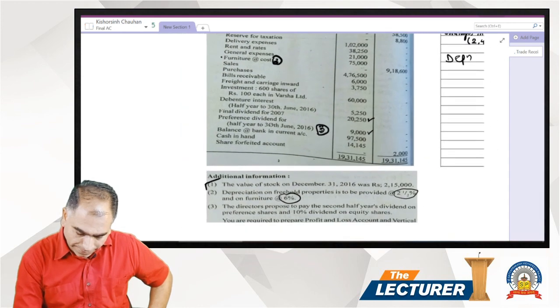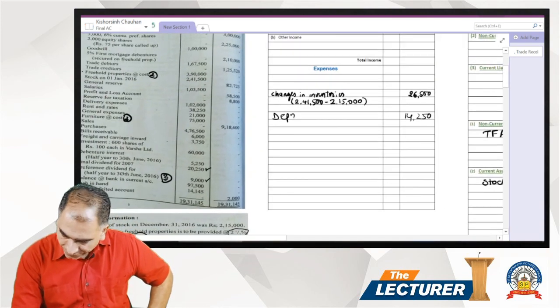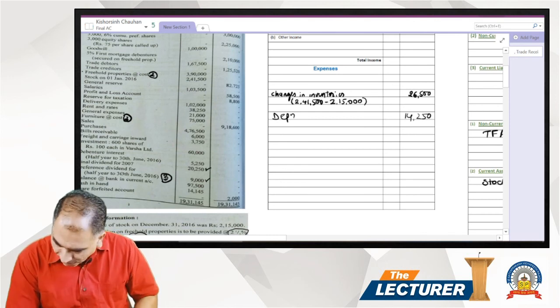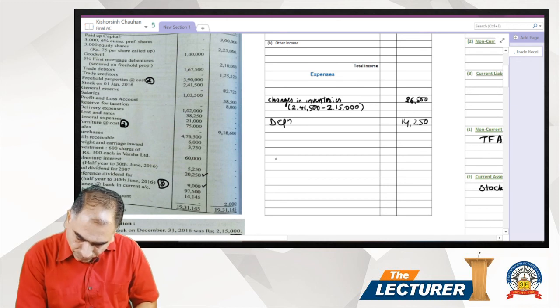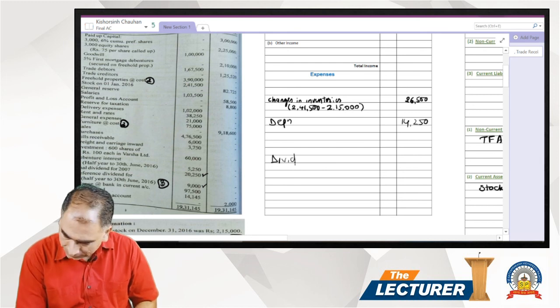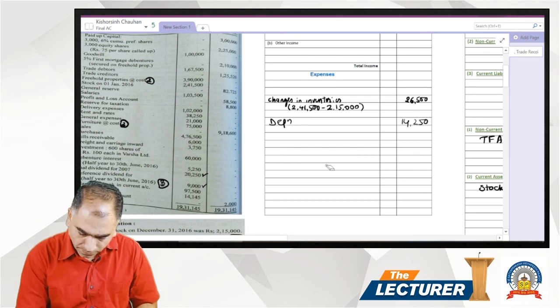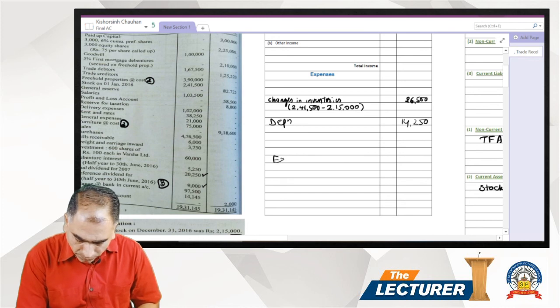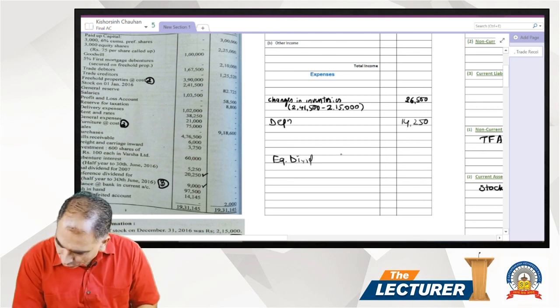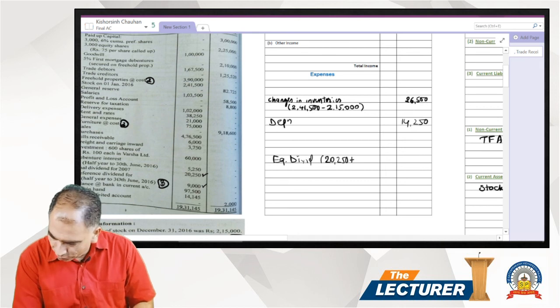તો આપણે P&L માં એઝ અ પાર્ટ ઓફ ધ એક્સપેન્સીસ આપણે પ્રોફિટ એન્ડ લોસ અકાઉન્ટમાં we have to show dividend on equity share, or you can say equity dividend 20,250 already આપ્યા છે પ્લસ પ્રપોઝ છે.